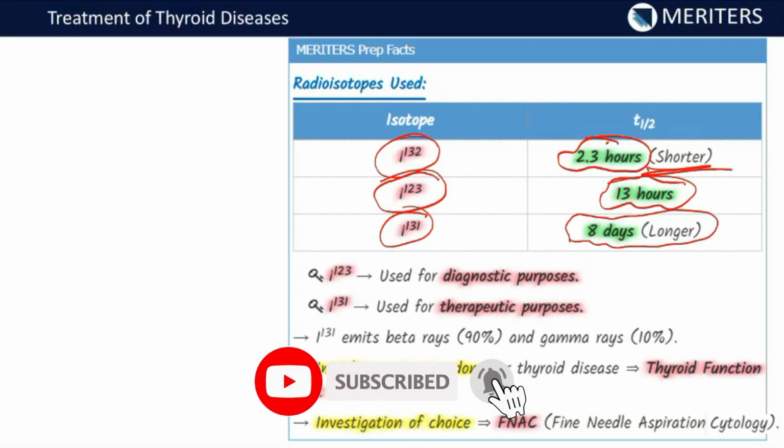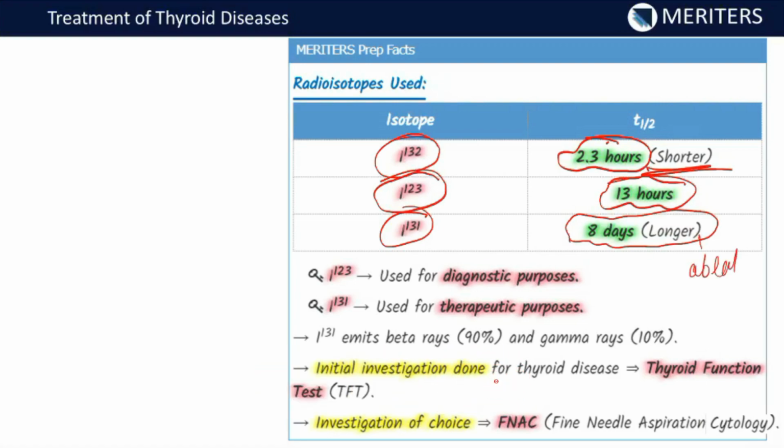So that's why we use it for ablation, and it emits 90% beta rays and 10% gamma rays. Gamma rays are responsible for the side effects. Beta rays help in ablation, so that is important. And I123 is used for diagnostic purposes like scintigraphy, and I131 is for therapeutic purposes.